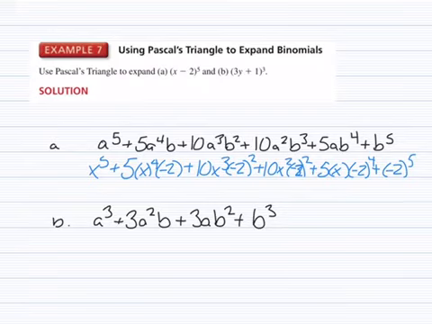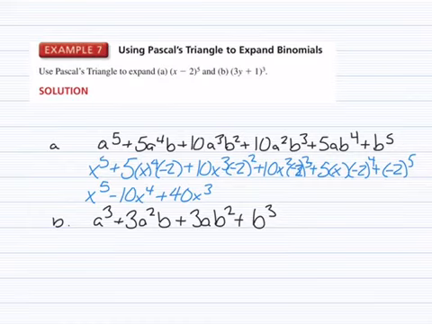So now if I do all this math, x to the 5th is going to stay the same. 5 times -2 is -10, x to the 4th. -2 squared is +4, times 10 is 40, so plus 40 x cubed. -2 to the 3rd power is -8, times 10 is -80 x squared.